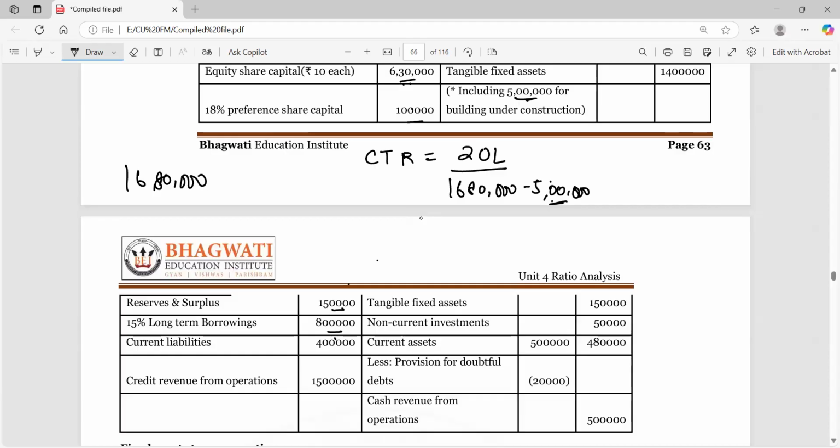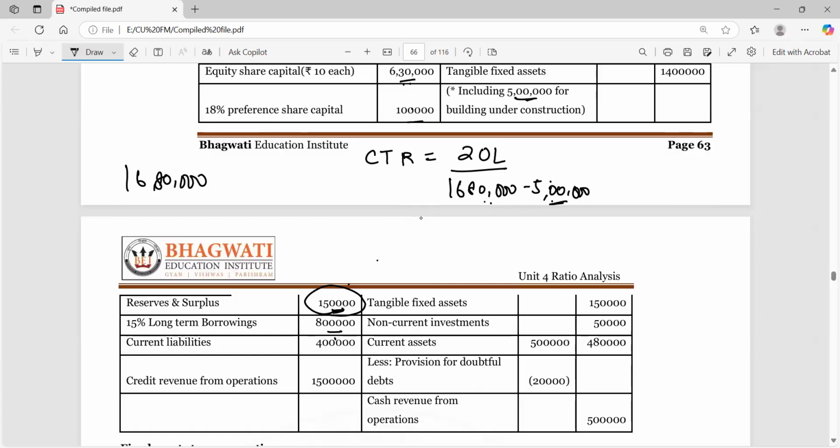Now listen. The 16 lakh 80,000 includes reserves and surplus of 1 lakh 50,000. Is this 1 lakh 50,000 after subtracting provision for doubtful debts or before? After subtracting only, we get the reserves and surplus.